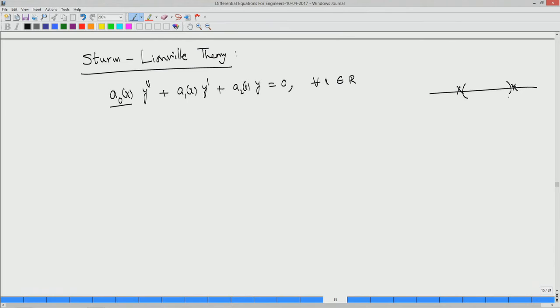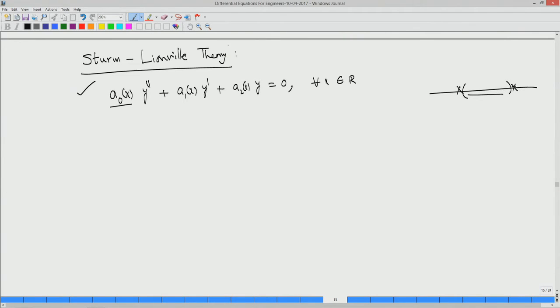If these are the two singular points, I can look for solutions in this interval and get two linearly independent solutions by the Frobenius method, valid in this interval. Again, you can write the general solution of this homogeneous equation as a linear combination of those two solutions. So, basically I can solve this second order equation, maybe for the whole real line or for some part of the intervals where it is defined.